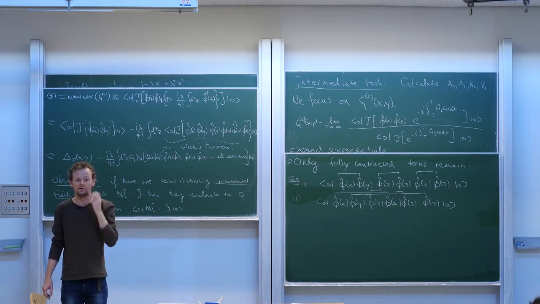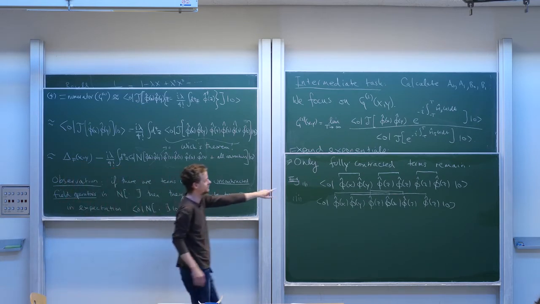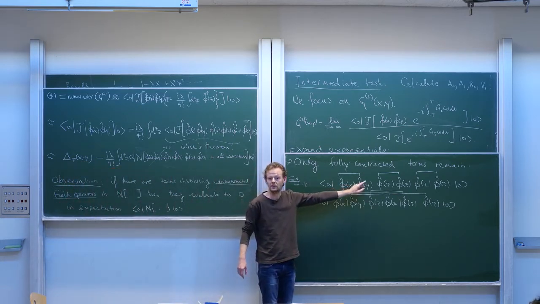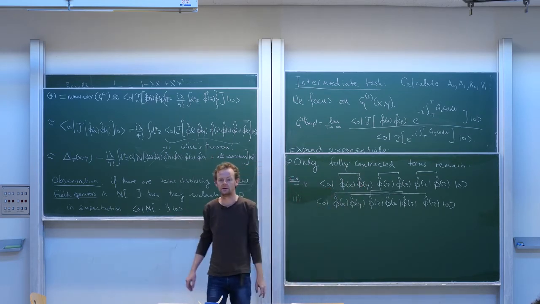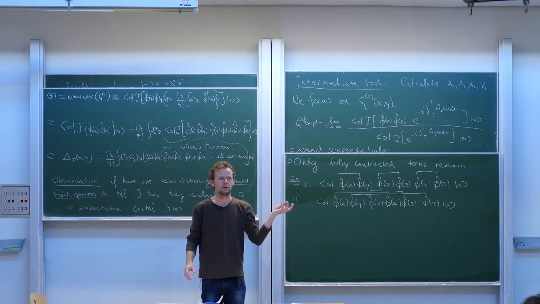So that's an observation I didn't quite make in the last lecture, and it's a good one that you made it now. To fully contract a bunch of field operators, you need an even number. Because if you had an odd number here, there'd be one left over, and that would instantly evaluate to 0. But if you had G3 and an interaction which had 3 powers, then you'd get a first order contribution.